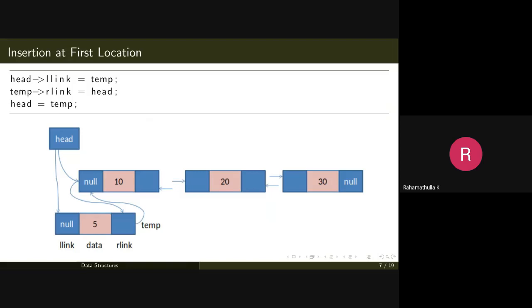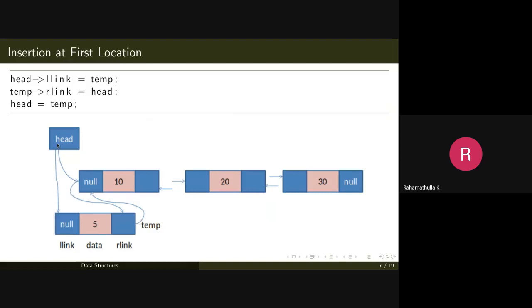We create a new node called temp, and our head pointer's left link equals temp. That is what we attach: this L link pointer of the head pointer will be set to temp, and temp's R link is pointing to head. So you want to insert this node, which is called temp right now, as the first element of the list.